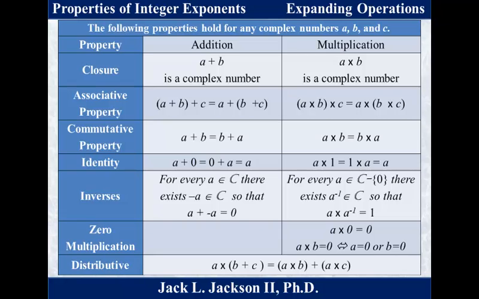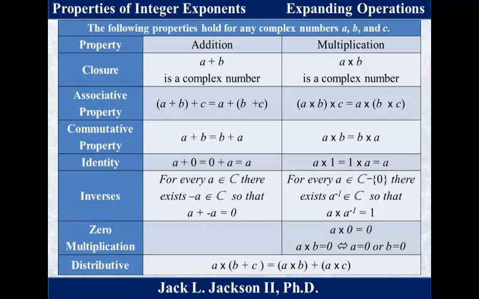And except for 0, every number is going to have a reciprocal, a multiplicative inverse, something you can multiply it by and get the multiplicative identity, which is 1. And then we also have the zero multiplication property, that anything times 0 is equal to 0. And in fact, if you have any two things multiplied together to get 0, then one of the two things has to be 0.